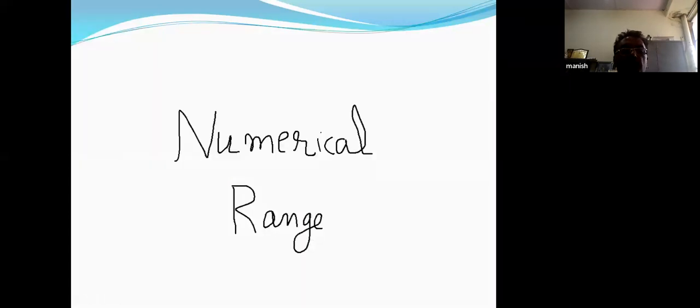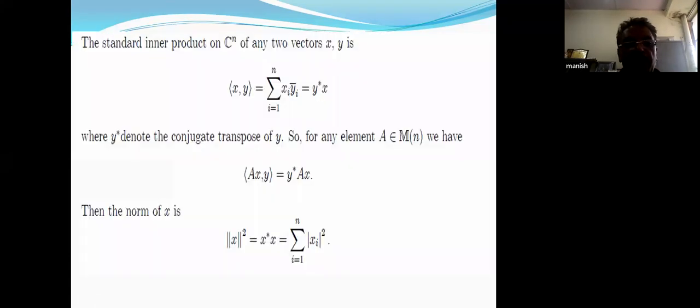Now we come to our main topic. These are just notations and some preliminaries which we are going to use in our discussions. Now, numerical range. The standard inner product on Cn of any two vectors x, y is the sum of xi yi conjugate, and this can also be written as y star x, where y star denotes the conjugate transpose of y.